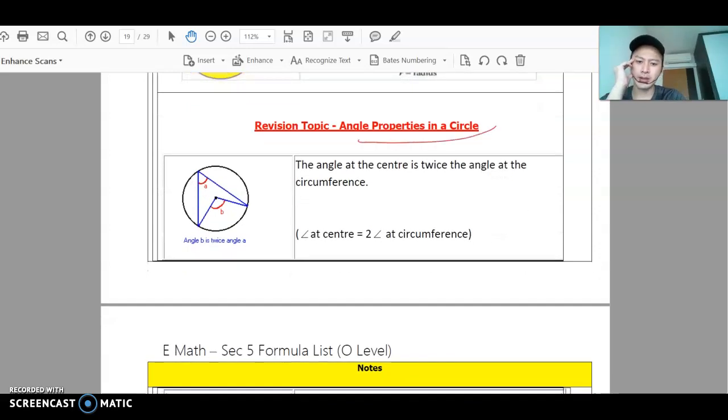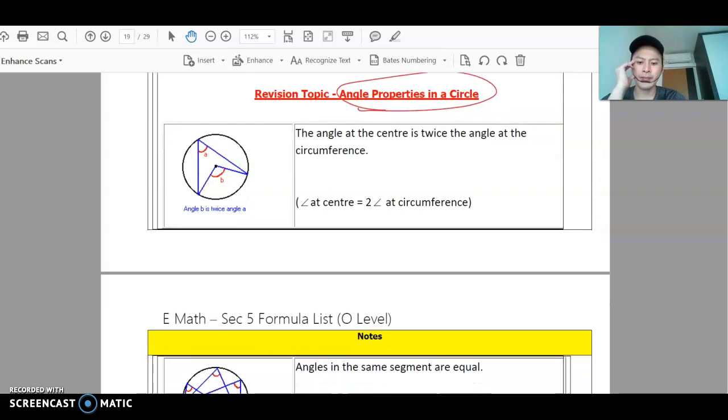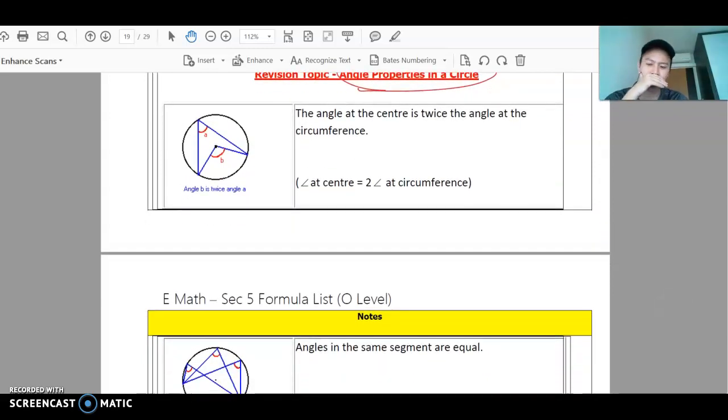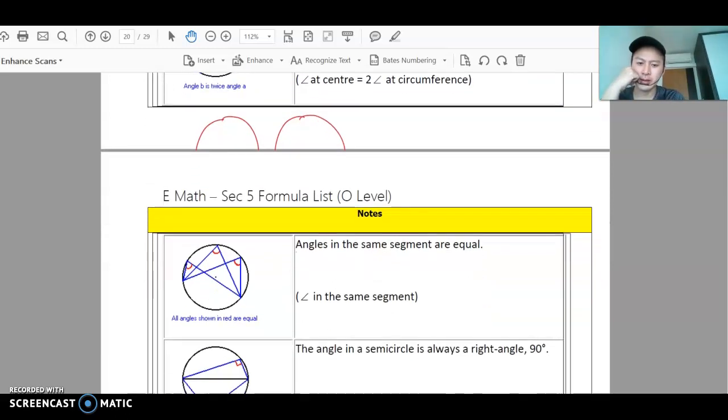Circle properties. Okay, that's something that you need to really memorize before you enter. This is what I've been talking about every time in the lesson. Even when you're doing the questions, always draw the four circles out.